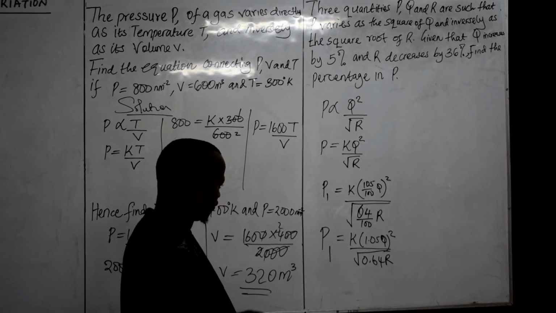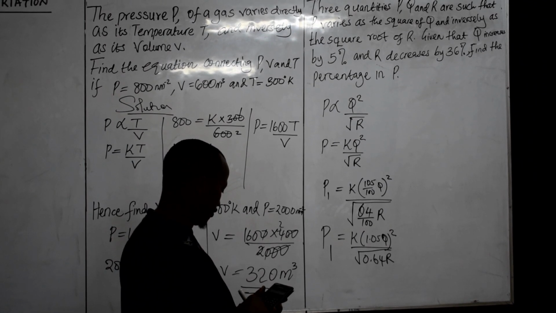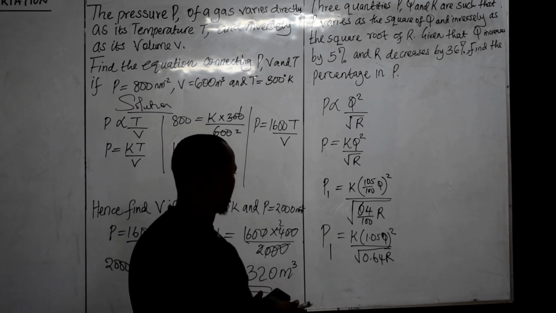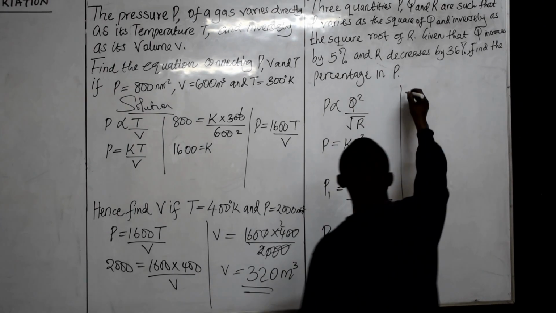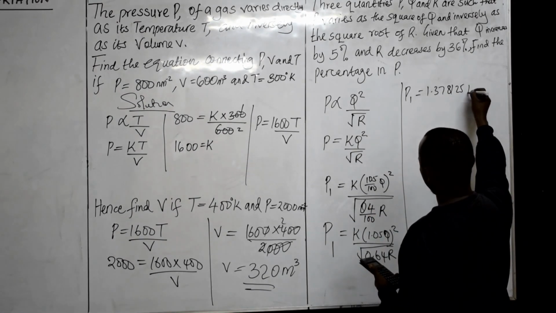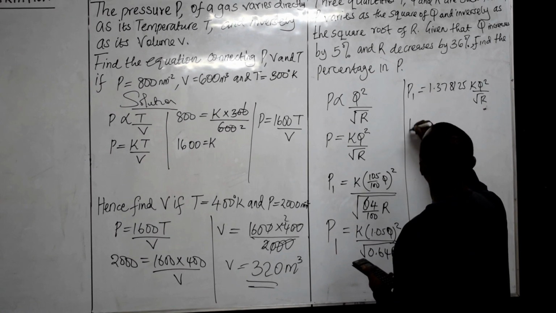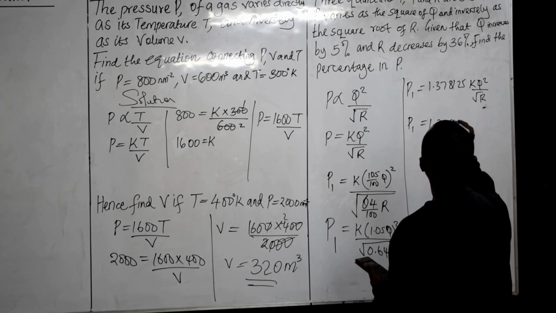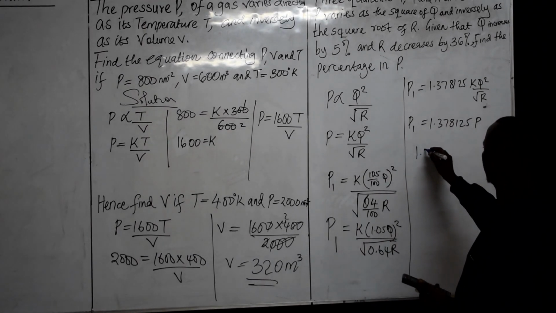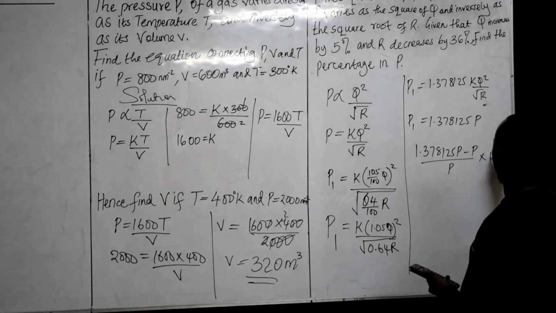After evaluating this, we are going to have 1.05 squared divided by the square root of 0.64, and P1 will be equal to 1.378125 KQ squared over root R. This one is equivalent to P, so the new P is 1.378125 of the original P. So percent difference, we get 1.378125 P minus the original P over P times 100.